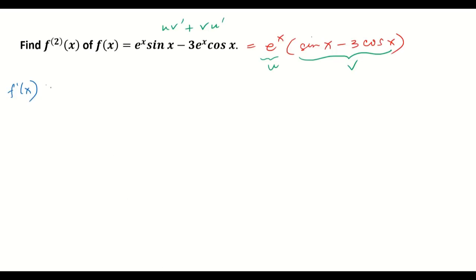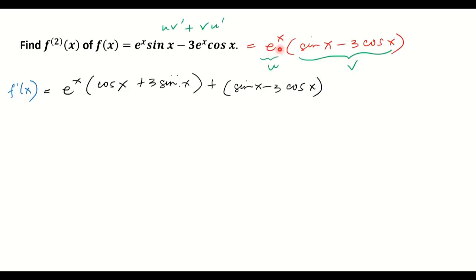So following that formula, u is e raised to x times the derivative of v. So the derivative of sine x is cosine x. And the derivative of negative 3 cosine x would be negative 3 times the derivative of cosine x, which is negative sine x. So it would give us positive 3 sine x plus v would be sine x minus 3 cosine x. And the derivative of e raised to x is e raised to x.